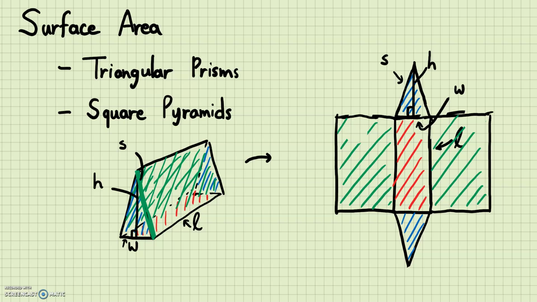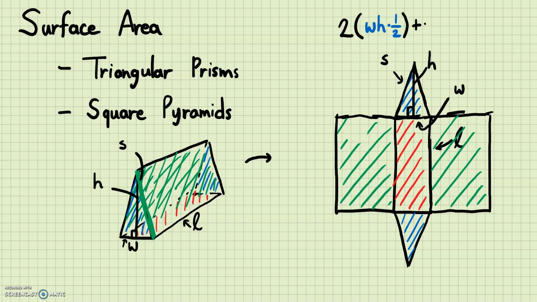We have two blue triangles, so we're multiplying by 2. The area of one of these triangles is going to be, let me write it in blue so that you know it's the triangle, the base, which is W, times the height, which is H, times 1/2, or the same thing as divided by 2. So there's our triangle, and we have to add in our rectangles.